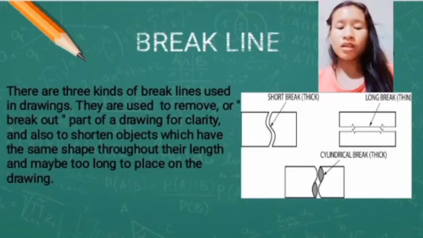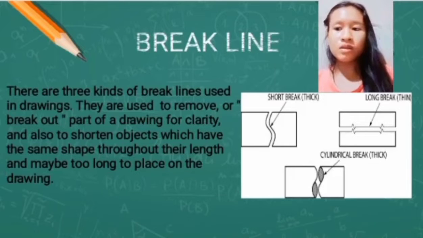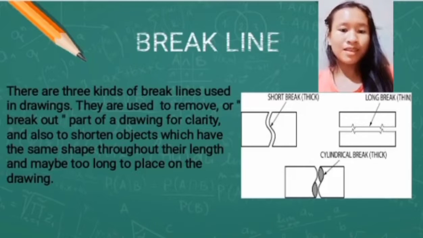What are the uses of the break lines? They show that a part has been shortened to reduce its size on the drawing. The most commonly used in blueprints are the long and short break lines, because they are used on flat surfaces. And the cylindrical break lines are used on rods, dowels, and so on.